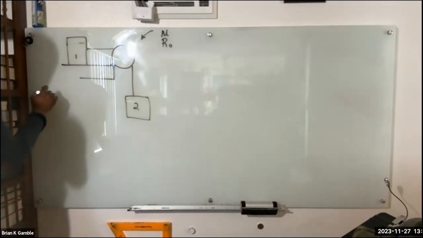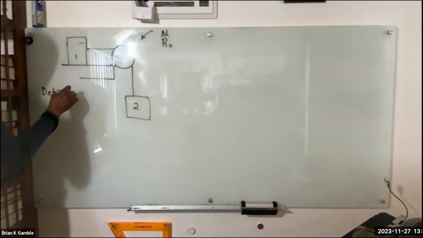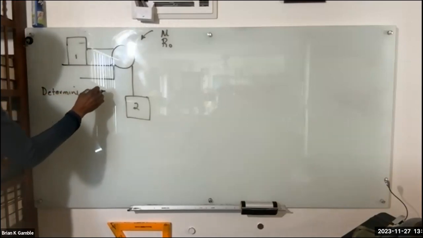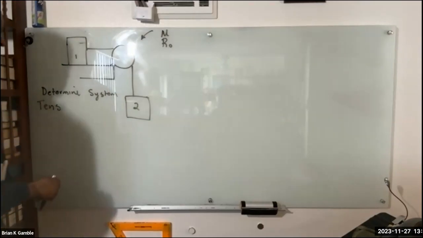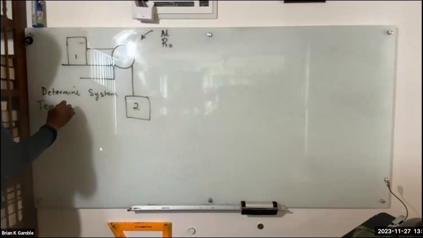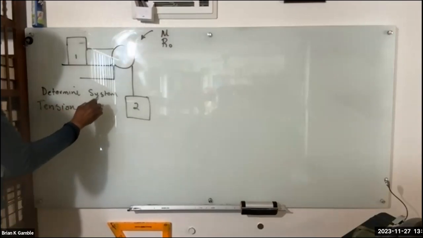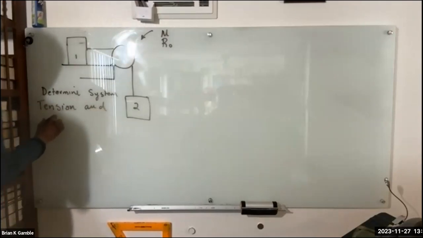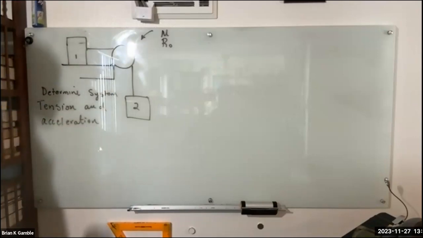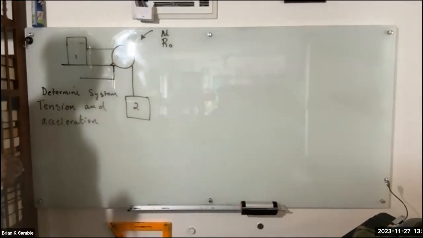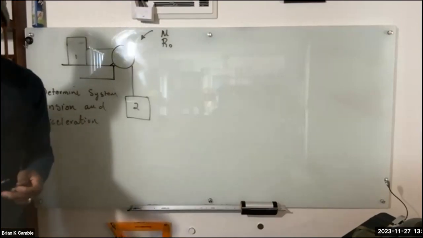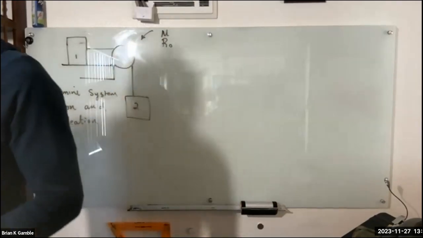So determine, well, actually, yeah, system tension and, well, one thing to note is that whenever we consider the mass of the pulley, now the tension on either side of the pulley will not be the same.